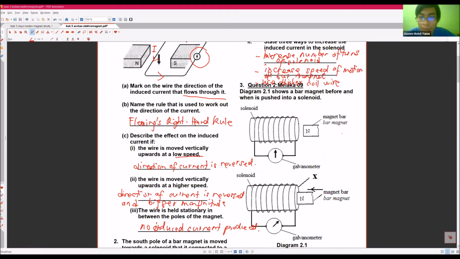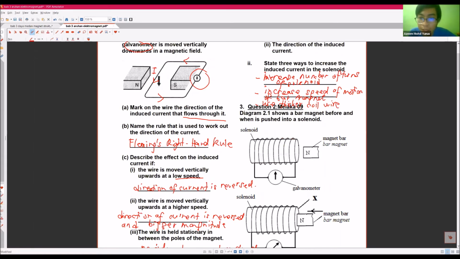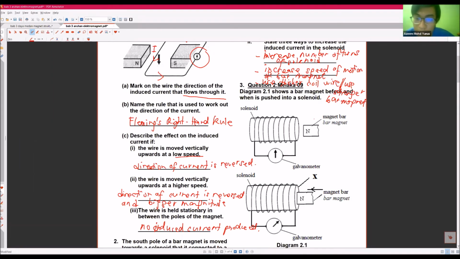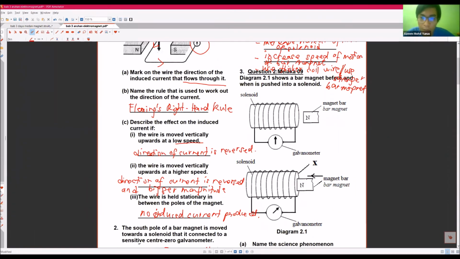Or this one is a weaker answer, probably use a stronger bar magnet. So always put the resistance factor as the last answer, as the final answer, if you cannot think of anything more.